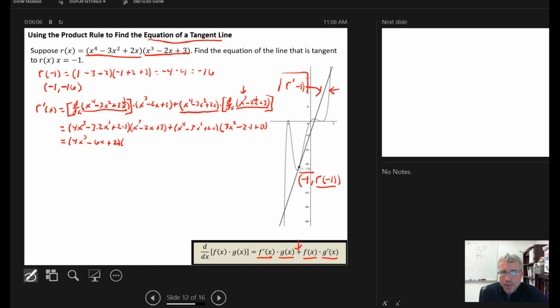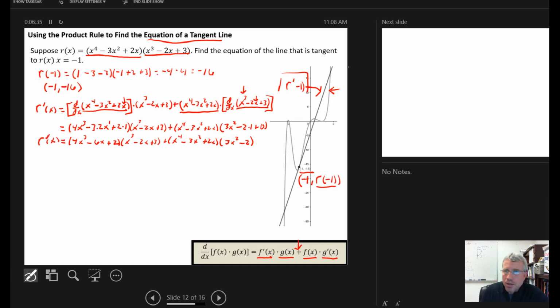Got to watch my penmanship here. And then I have my x cubed minus 2x plus 3 plus my x to the fourth minus 3x squared plus 2x times 3x squared minus 2.